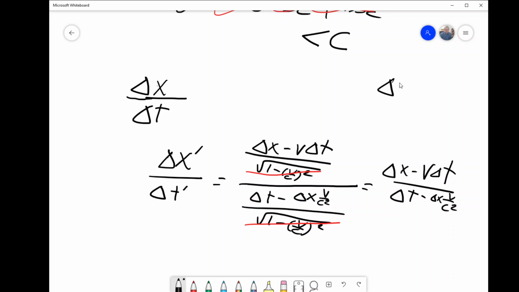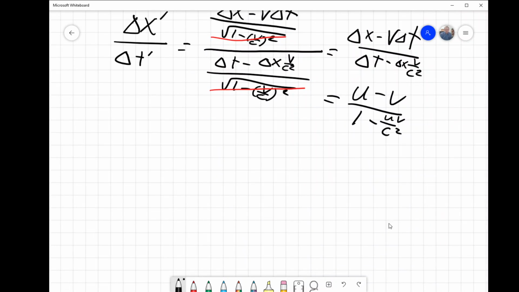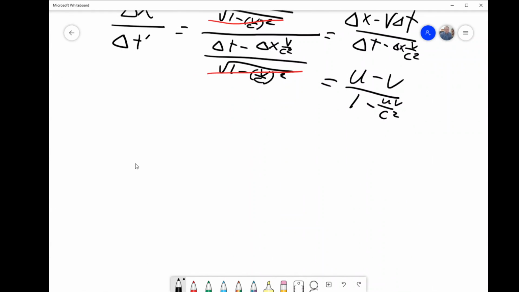Or if we say that delta x over delta t, v is the speed of that reference frame, we'll use the letter u by convention for the speed of the object as we're measuring it. If we divide top and bottom by delta t, this becomes u minus v over 1 minus uv over c squared. So now v is the speed of our reference frame.